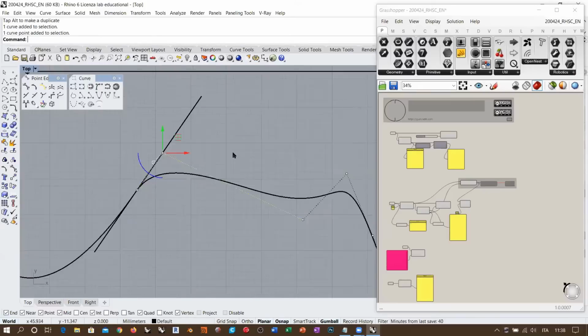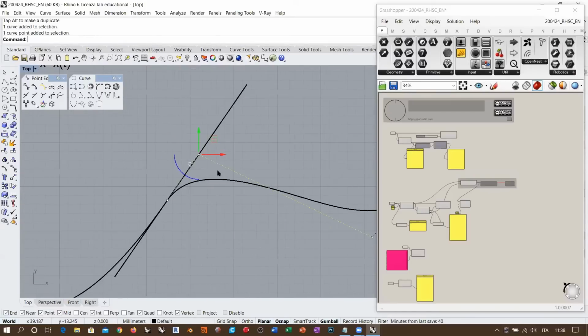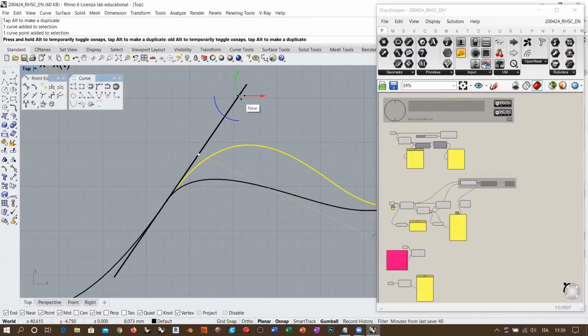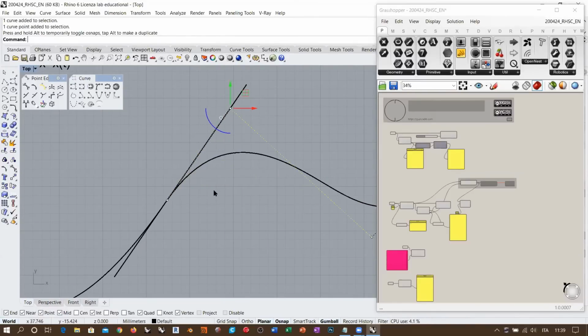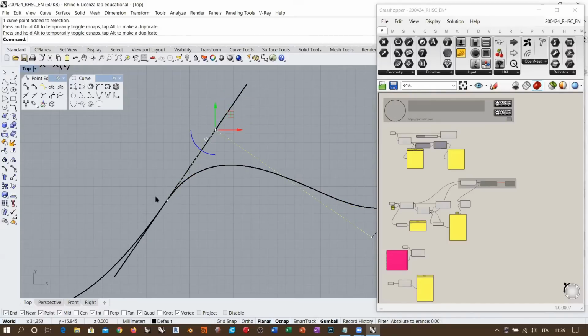So in this case, these two control points here are saying that this second curve must touch the first one and must be tangent to the first one. And tangency is not given by this specific position of this second control point. This second control point can slide along this line. And I am getting a set of different tangency options, but I am not breaking the rule. So each time I move this along this line, I never create a vertex in this connection point.